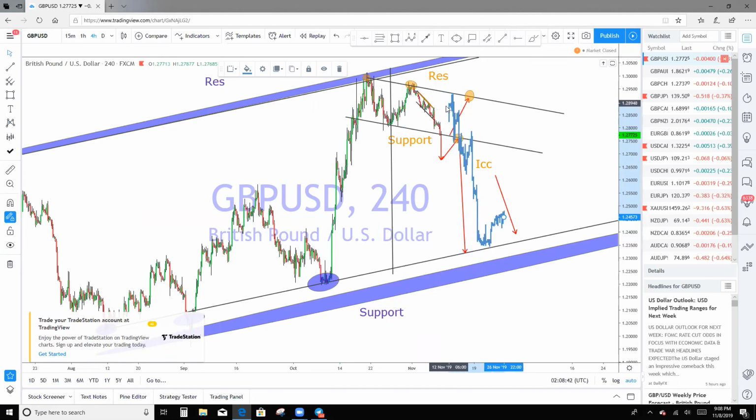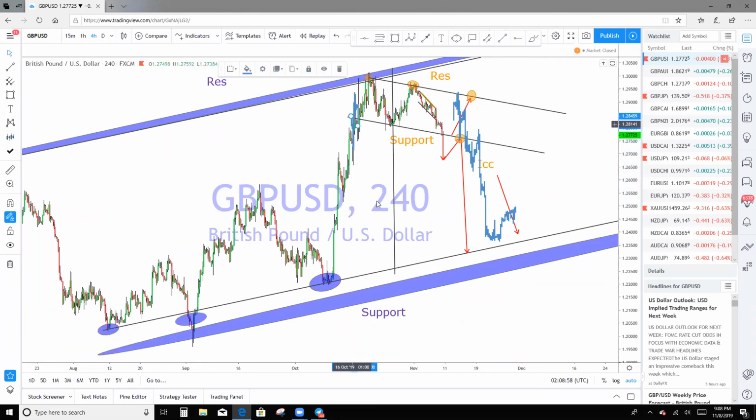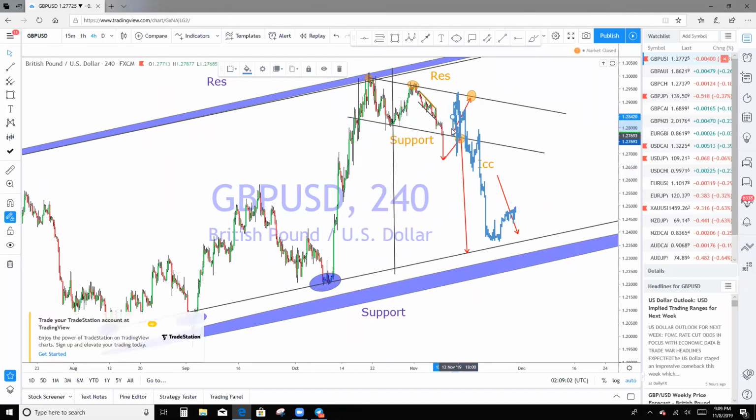Something like this, maybe just a bounce up to here. Kind of incomplete a little bit. I did my bars a little messed up, but I'll throw this in here. Don't judge me on my artwork. All right, something like that.